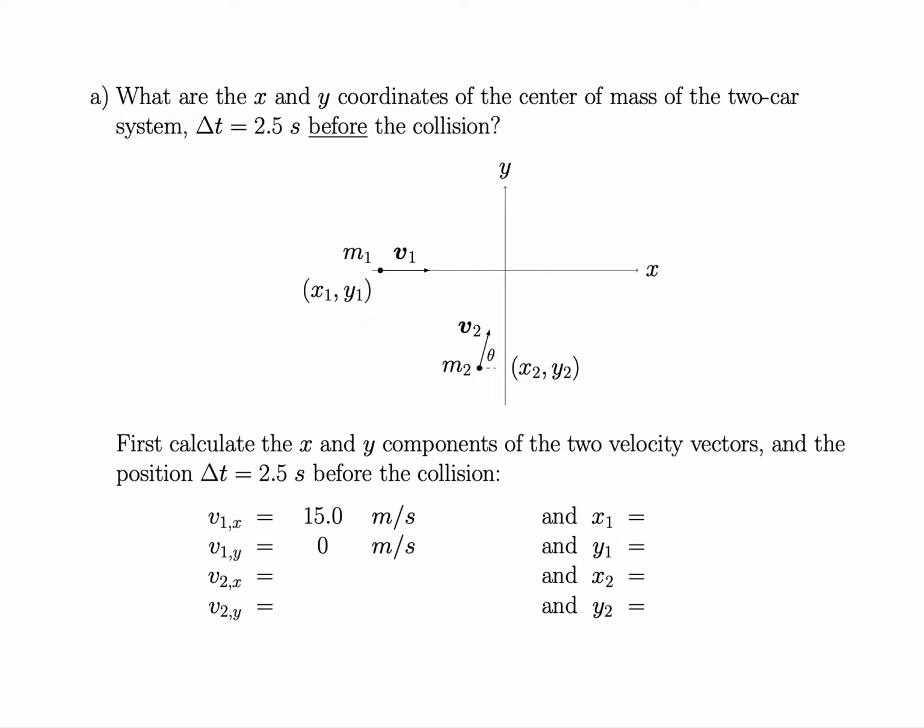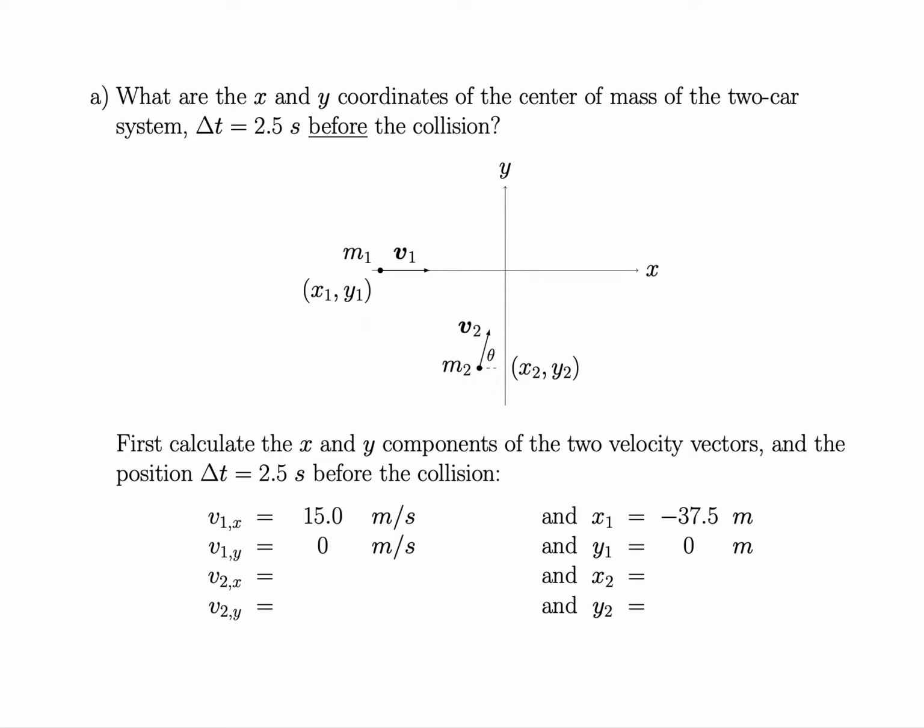So if the car is moving 15 meters per second in the x direction, then 2.5 seconds before the collision, it should be 37.5 meters to the left of the collision spot. So the x-coordinate of car 1, 2.5 seconds before the collision, is minus 37.5 meters, and the y-coordinate of car 1, 2.5 seconds before the collision is 0 meters.